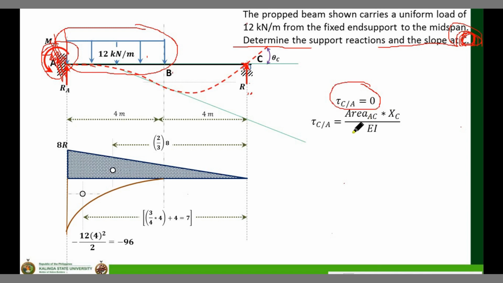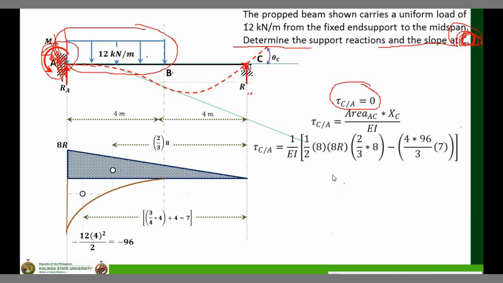And TCA from theorem 2 is equal to the area from A to C multiplied by XC. So, the area from A to C is 1 over EI times 1/2 of 8 times 8R, this is the area of your triangle.